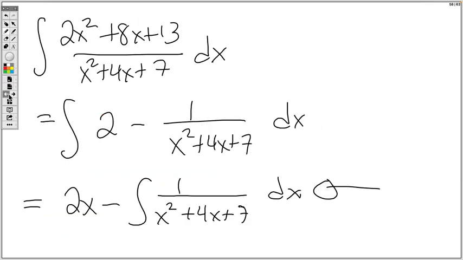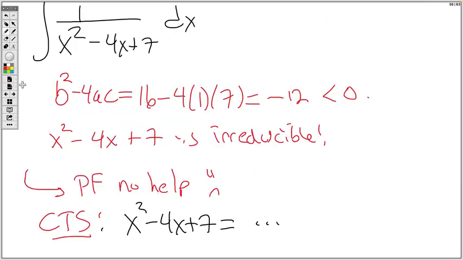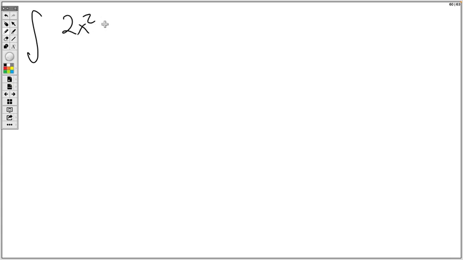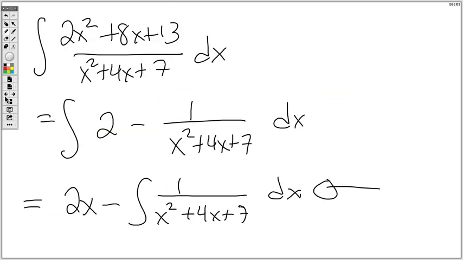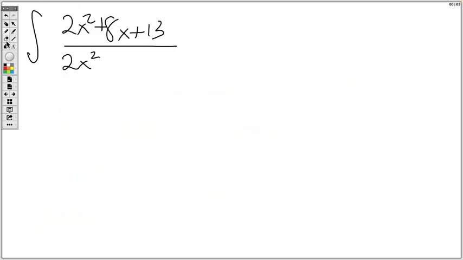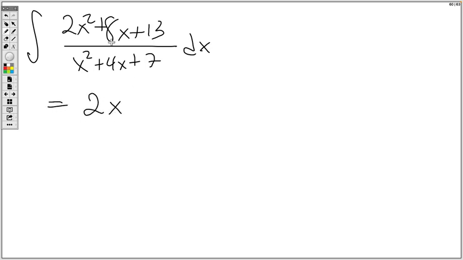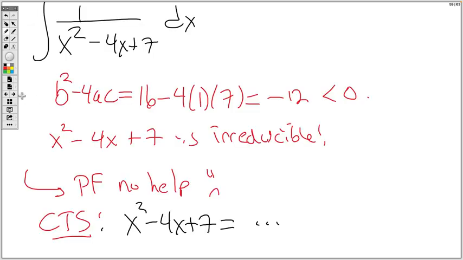The integral of 2x squared plus 8x plus 13 divided by x squared plus 4x plus 7 dx equals 2x, from the division there, minus this arctangent.